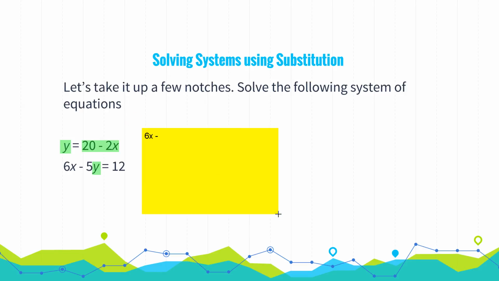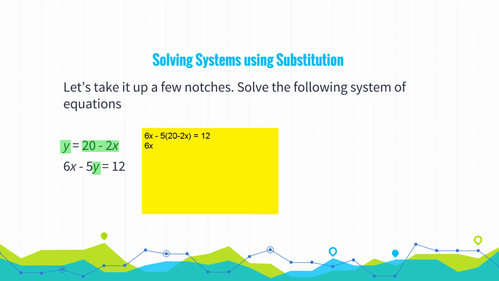So we have 6x minus 5, but then instead of y, I'm going to put that 20 minus 2x there. This one's a little weird because when I distribute, you have to be very, very careful because this is technically a negative 5. Do not distribute a positive 5 or you are going to get an incorrect answer. So we can write that 6x down and then do negative 5 times 20.